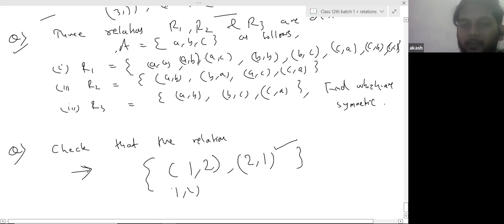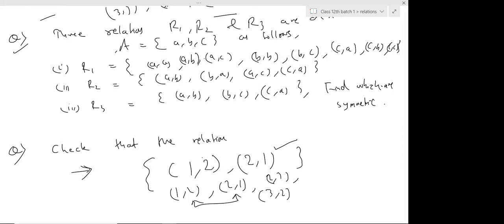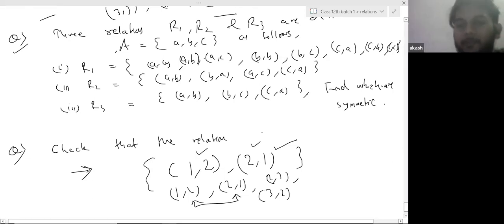If you have 1, 2, then you must have 2, 1. If you have 2, 3, then you must have 3, 2. The pair must always be there. Is it clear, Kulsum? So you have to check for each individual element if the symmetric pair is there or not.